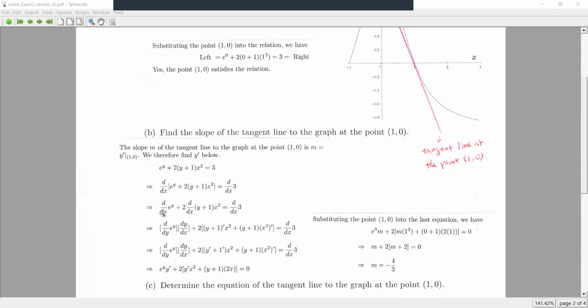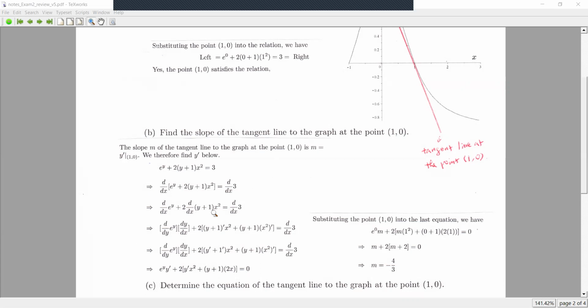To compute the first derivative, on e to y with respect to x, we use the chain rule. By the chain rule, we can write this derivative as the product of these two derivatives. To compute the second derivative, we apply the product rule.